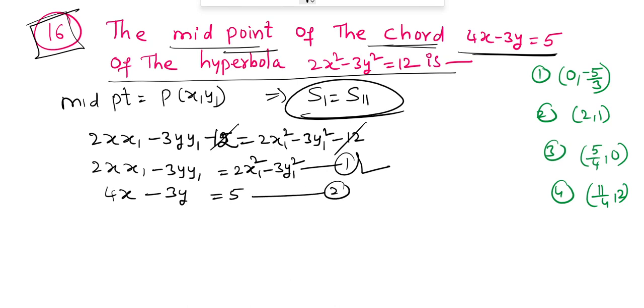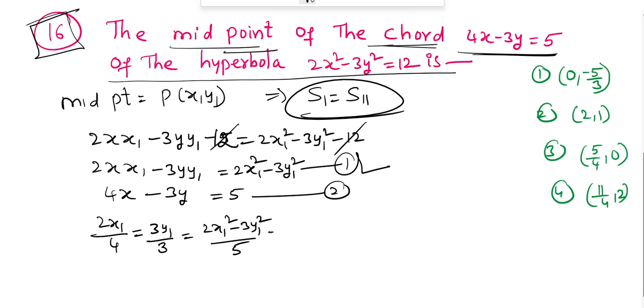Both represent the same line, so equating the coefficients, 2x1 by 4 is equal to 3y1 by 3 is equal to (2x1 square minus 3y1 square) by 5. Say this is equal to some k. From this, the 2 and 3 cancel, so x1 is equal to 2k and y1 is equal to k.